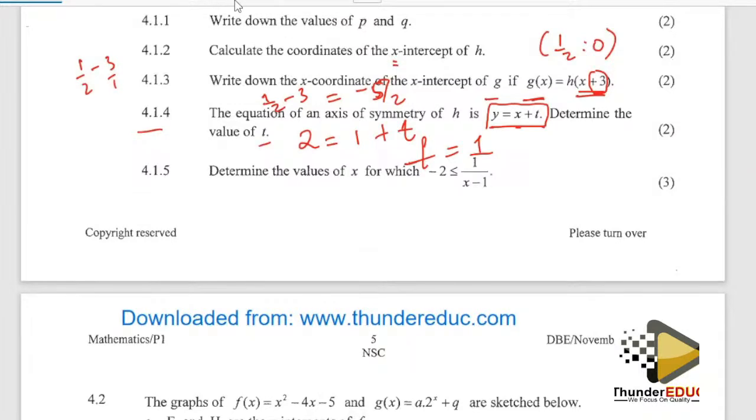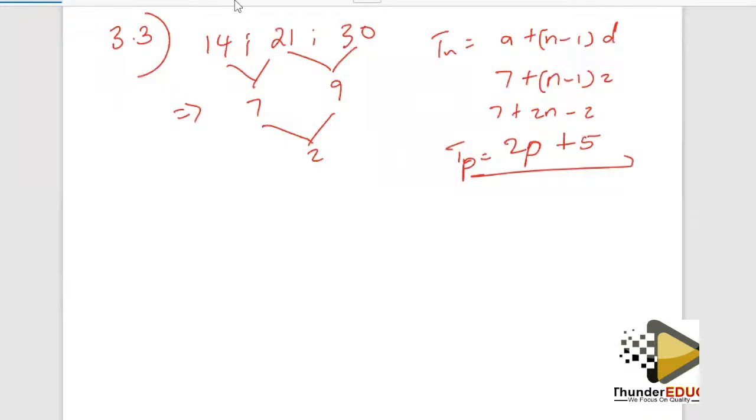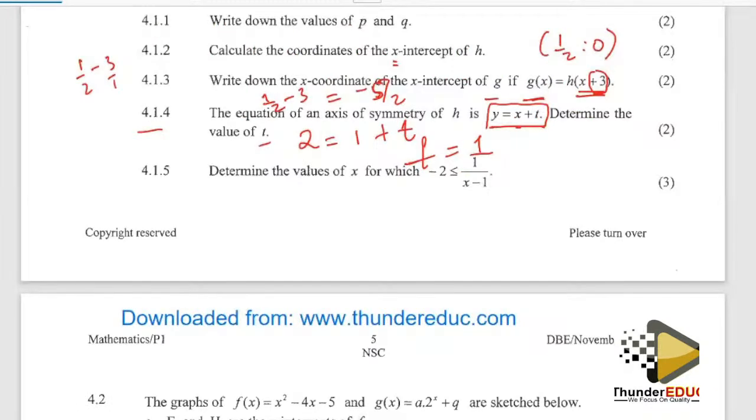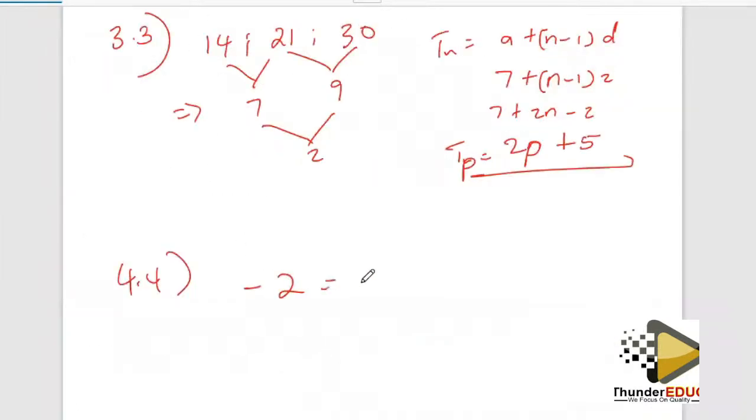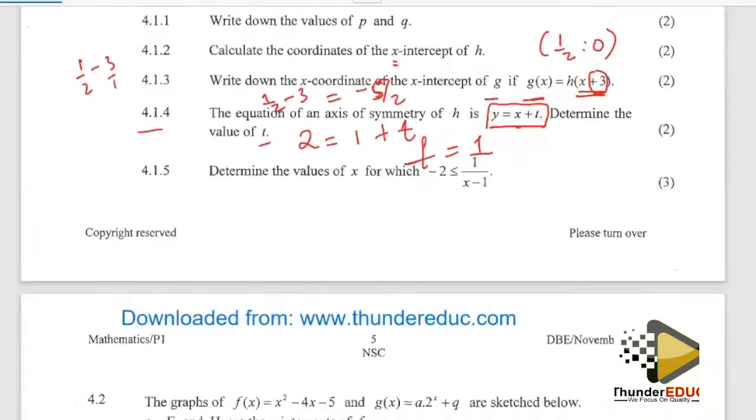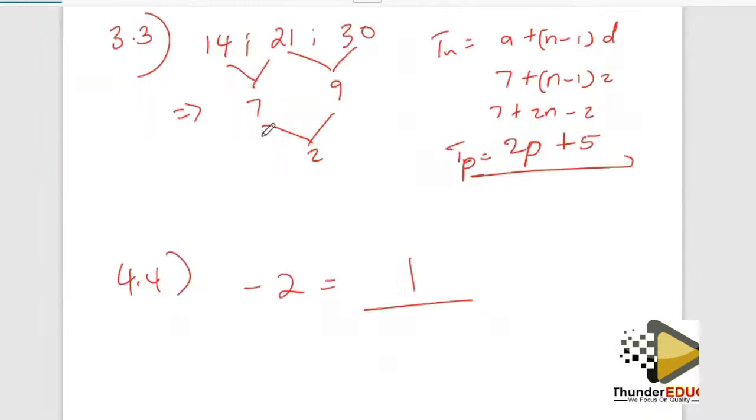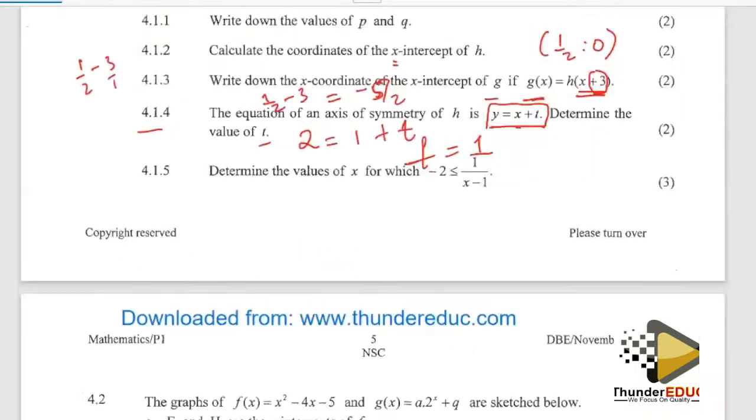Let's just solve it. We'll take chances and look at the graph alone. So negative 2 is equal to 1 over, we're saying x minus 1. So this is that 2.